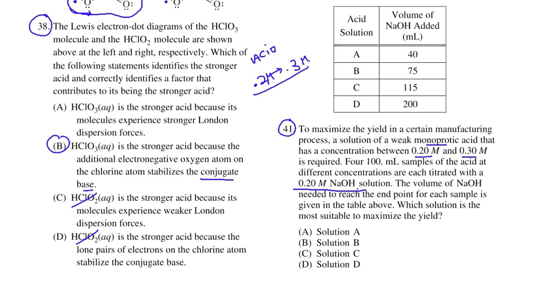The volume needed to reach the equivalence point, which is the endpoint, where the H pluses equal the hydroxides, is given. So this is the volume needed to get to that equivalence point. So basically, by knowing the base solution, which is 0.2, they want to know which acid solution is approximately between 0.2 and 0.3.